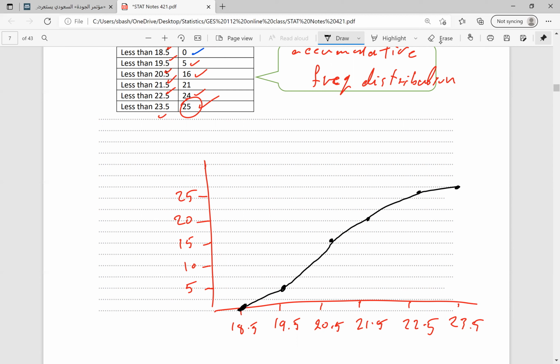The second one was the frequency polygon, where we need to find the midpoints for each class, then we graph the frequency polygon, and we also have to add two midpoints, the first one and the last one, or virtual midpoints. And the last one was the Ogive, where we need to use the accumulated frequency distribution.